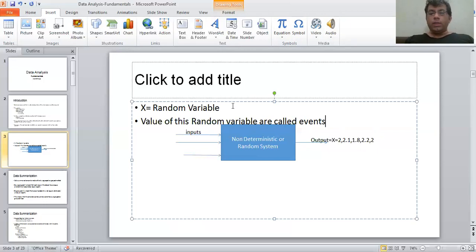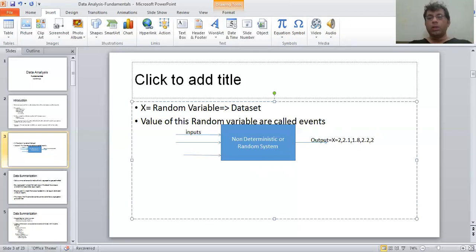And this random variable is also what we can understand as a data set. We can also name it as the data set. Our objective in statistics is to be able to analyze such scenarios, such data sets, such random variables.